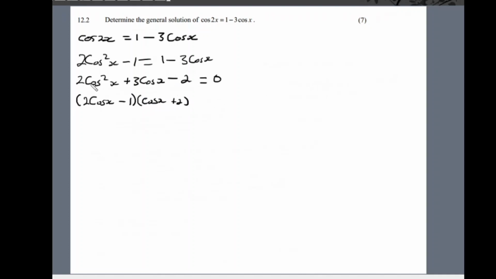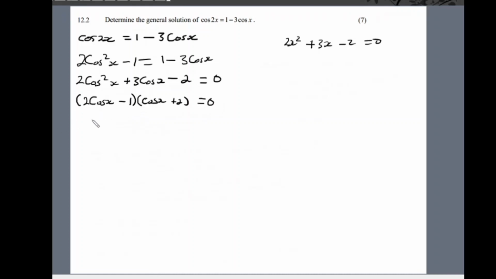So remember this is a quadratic equation, so it's in this form, so it's just 2x squared plus 3x minus 2 equals 0. The way you would solve this quadratic equation, in place of x we have cos x, so it is just a normal quadratic equation, but then we want to solve for cos x in our equation.